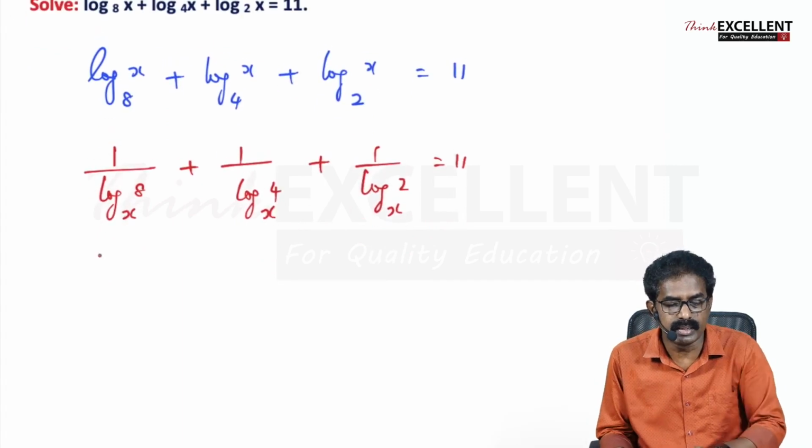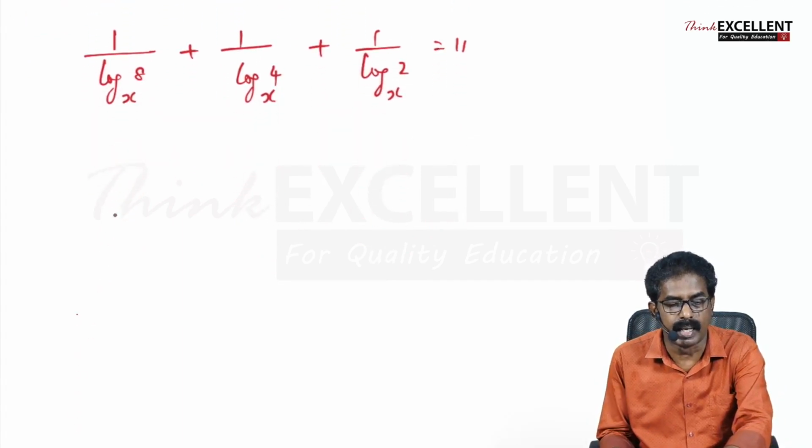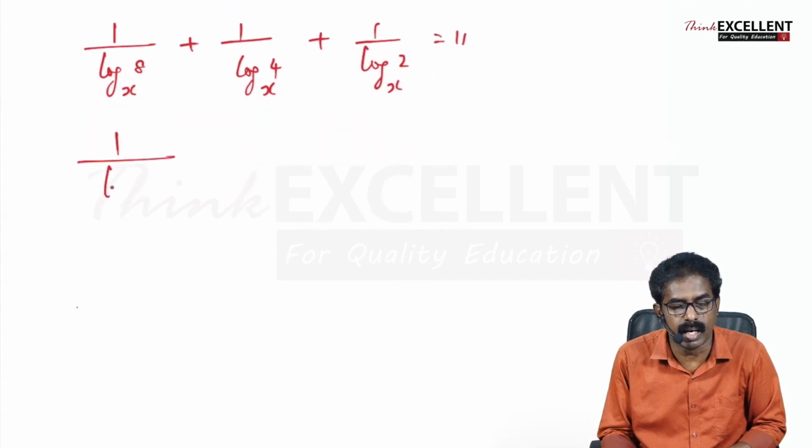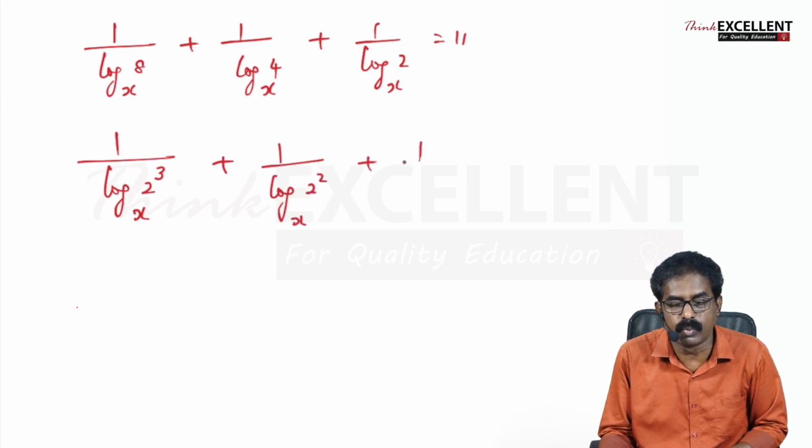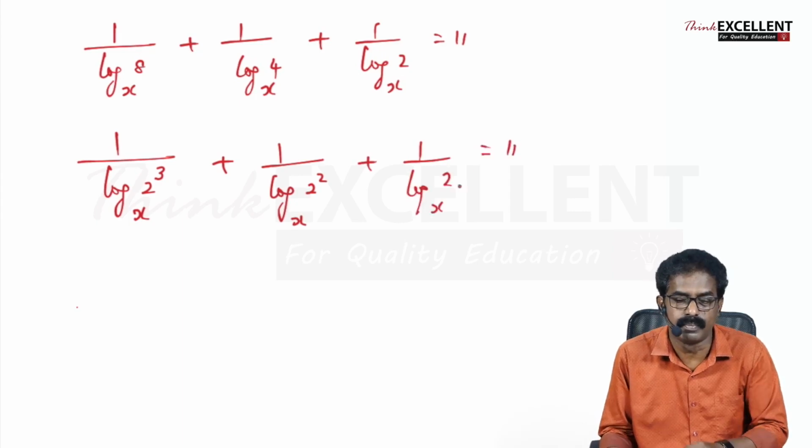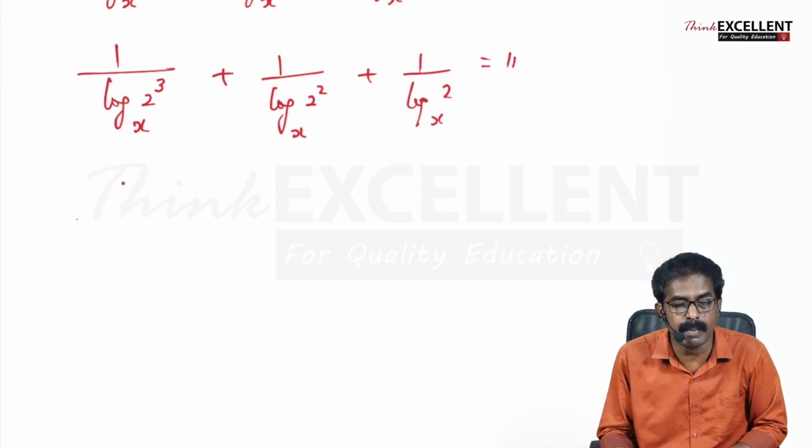Now in the next step, you can write 1 by log 8 as log 2 cube to the base x, plus 1 by log 4 as log 2 square to the base x, plus 1 by log 2 to the base x, is equal to 11. Now in the denominators you can apply the power rule, right?